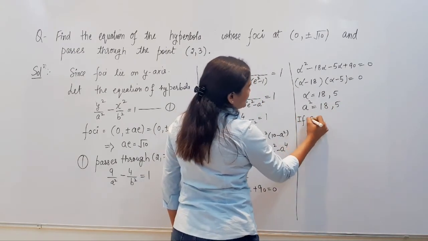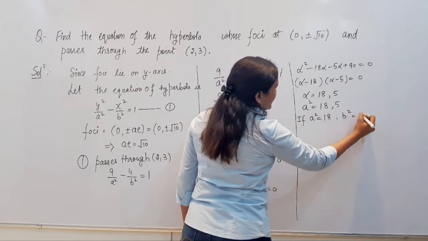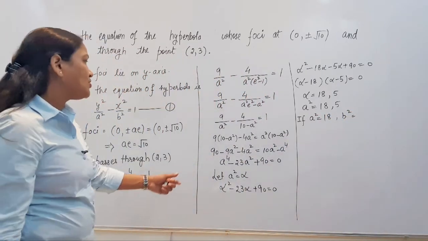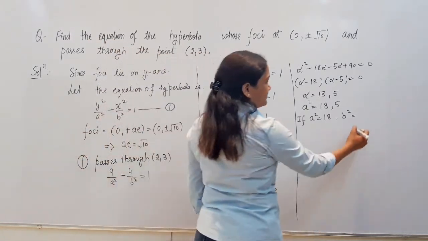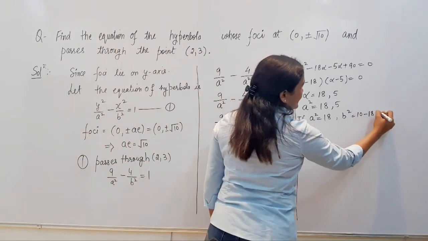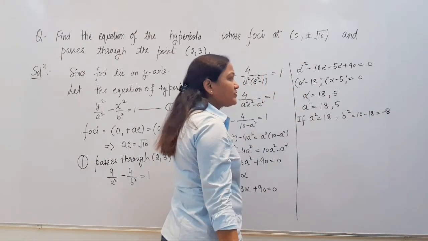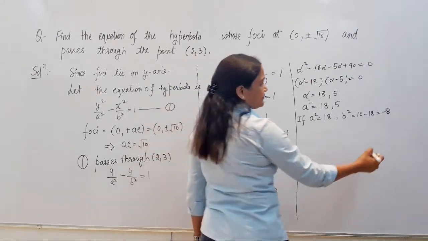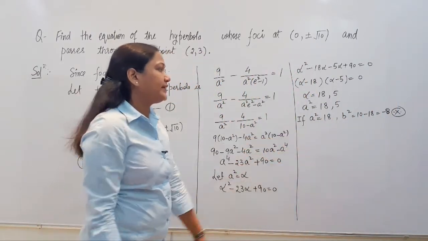तो अगर आप a square को 18 लेते हैं तो आपका b square क्या हो जाएगा? Your b square is 10 minus 18, that is -8, which is not possible. So this will be a contradiction. तो आप इसको इग्नोर कर देंगे.